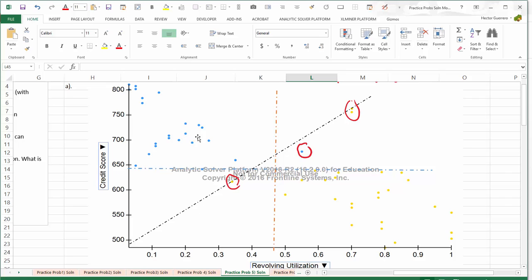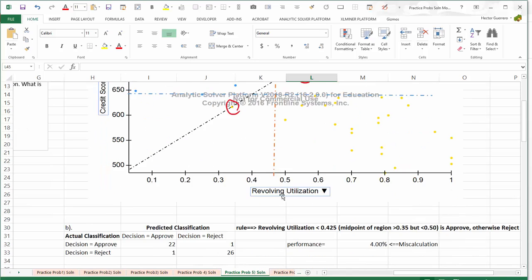For the purposes of approval, I make one mistake. And then for the purposes of rejection, I also make one mistake in that rule.